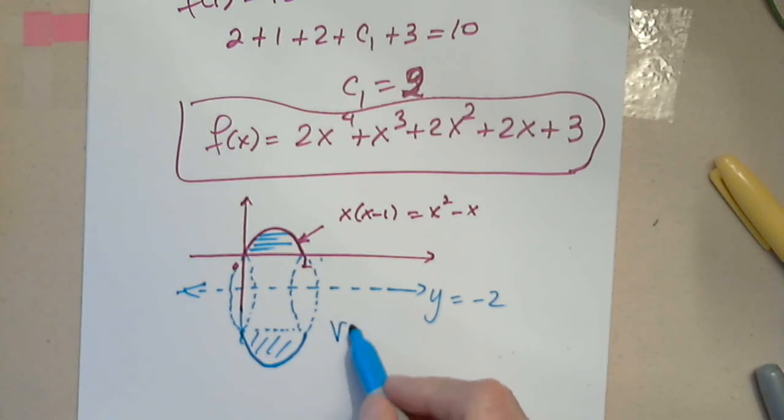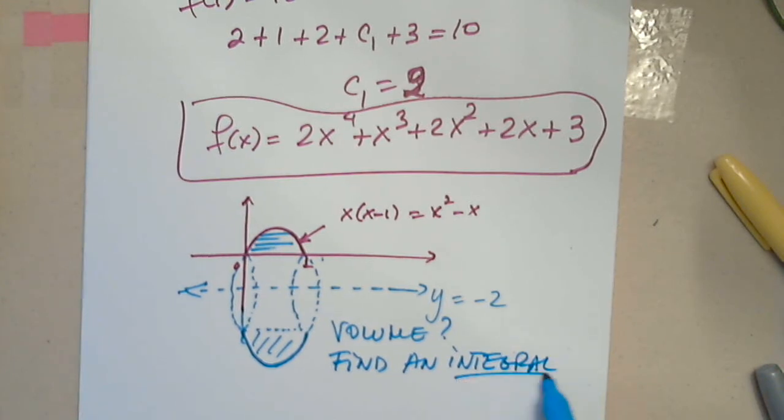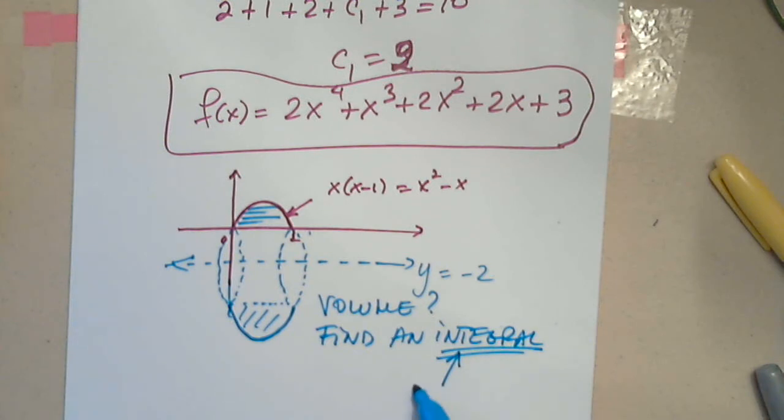How do I determine this volume? Everything is based on antiderivatives. So in order to determine the volume, I would have to find an integral. Finding an integral is nothing else but finding antiderivatives.